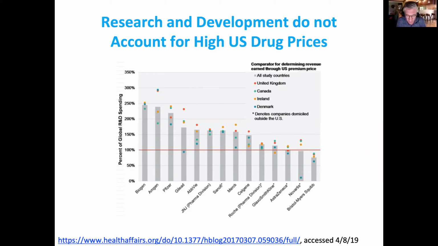And we know that their advertising budgets completely crush their R&D budgets. What you see here, that red line across the screen, represents all the research and development money being applied to drug development worldwide. And you see that those revenue bars, the gray bars, in general, far, far exceed that.